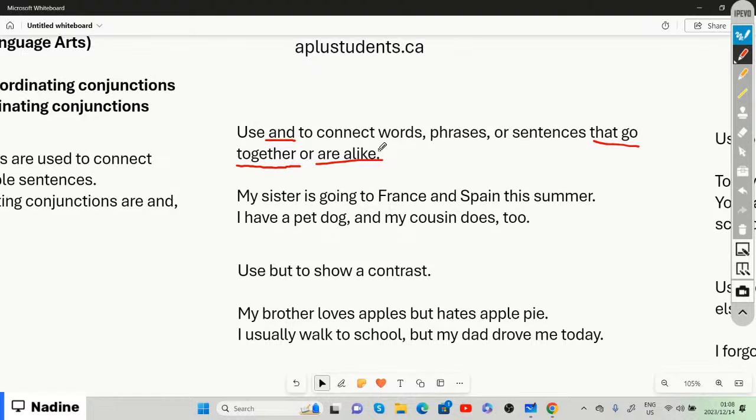Then we use the word but to show a contrast. For example, my brother loves apples, but hates apple pie.